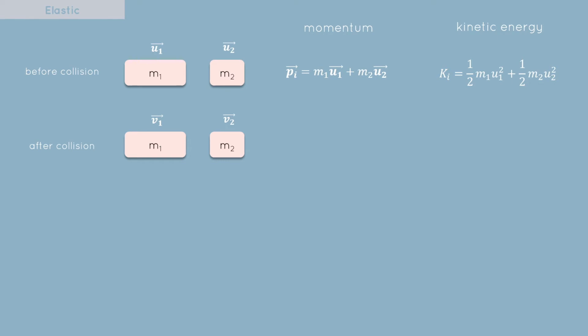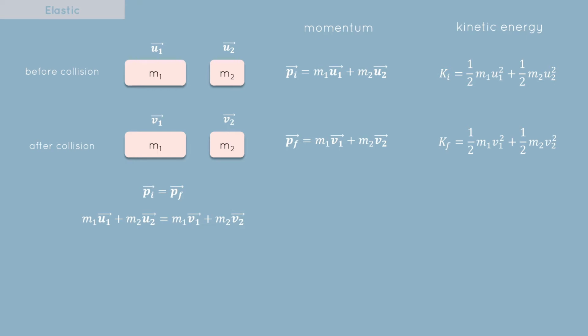So for this convention, we let velocities before the collision be denoted by the letter u, and velocities after the collision be denoted by the letter v. Similarly, we can write out expressions for the total momentum and total kinetic energy after the collision, which will look very similar. It's just replacing the u by v.